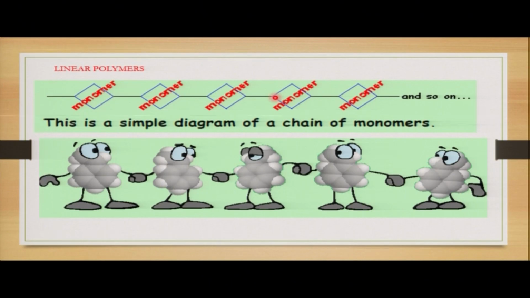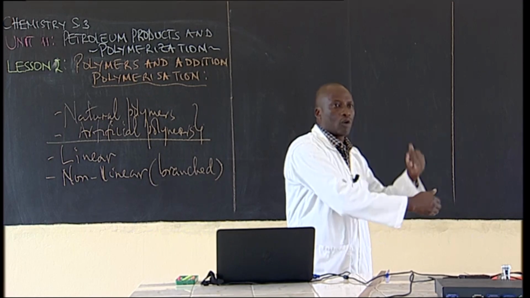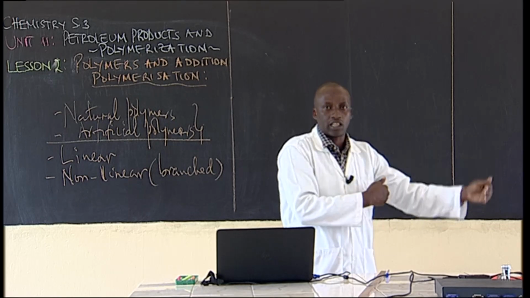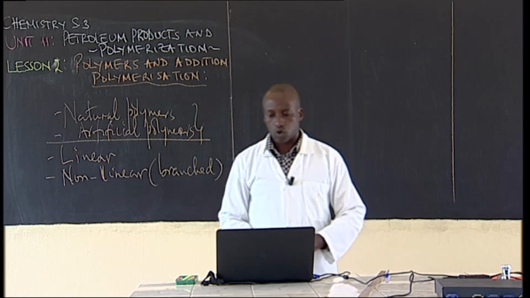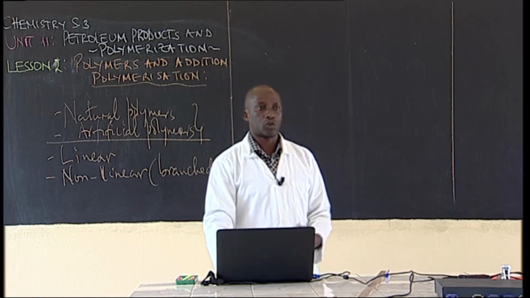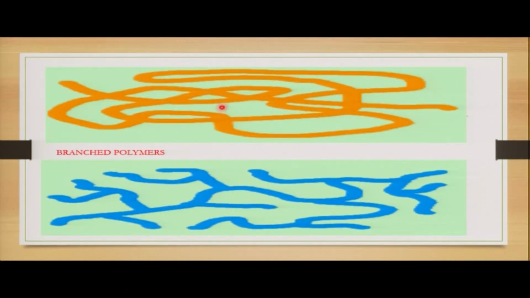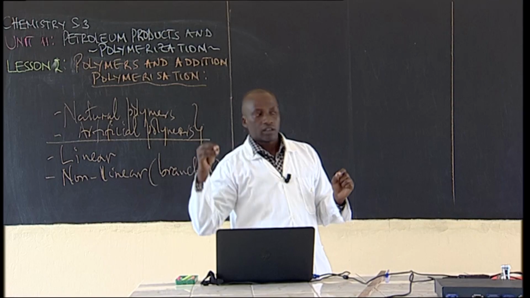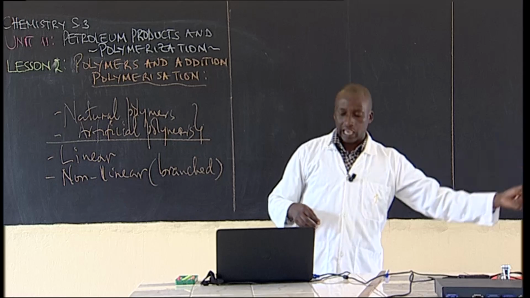So these monomers keep on joining together. 1, 2, 3, 4, 100, 200, 1,000, 2,000, and so on. So that is another classification. This one is linear. Although it is linear, it can also be in a zigzag, but you can trace the starting point and the end point.